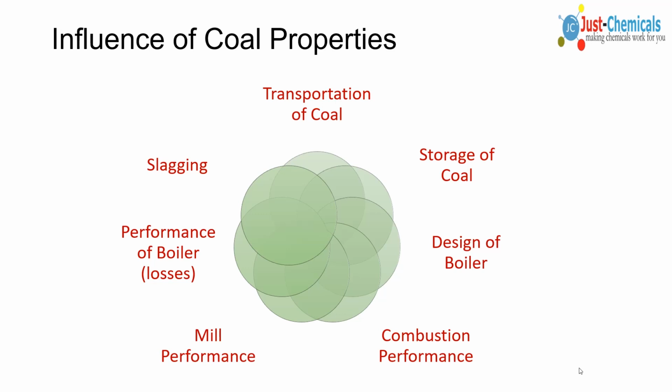Nowadays, supercritical and ultra supercritical power plants are there, which can achieve 40% to 45% efficiency respectively. So, fuel characteristics can have a significant impact on the overall performance of a power plant and its economics.